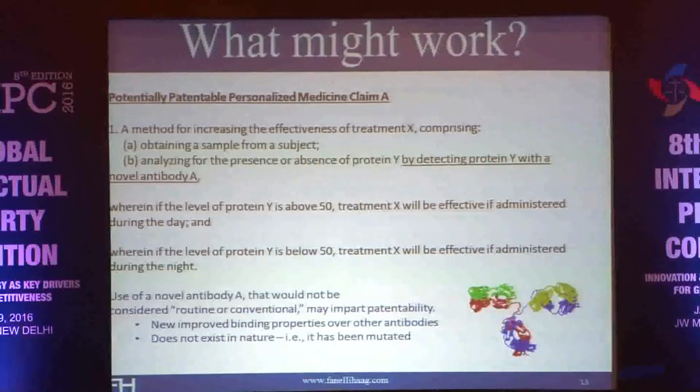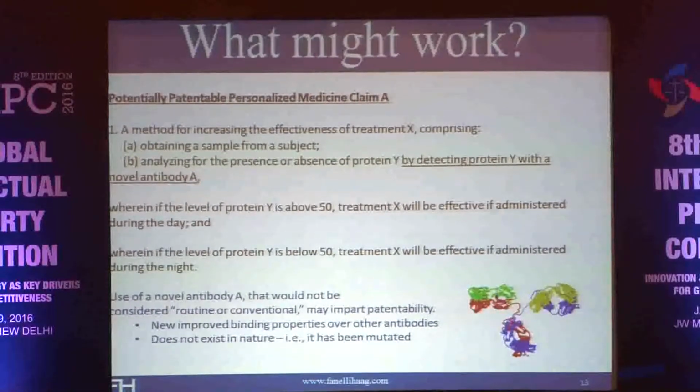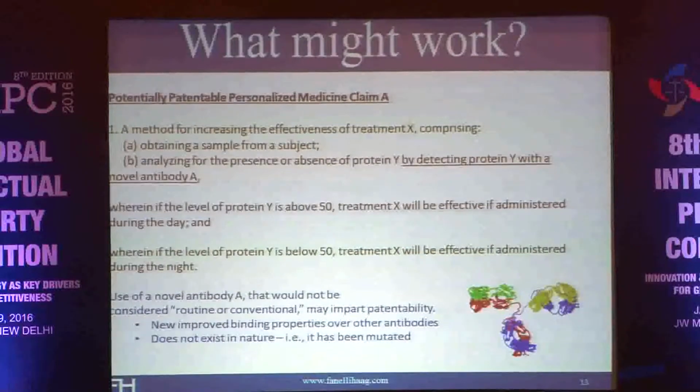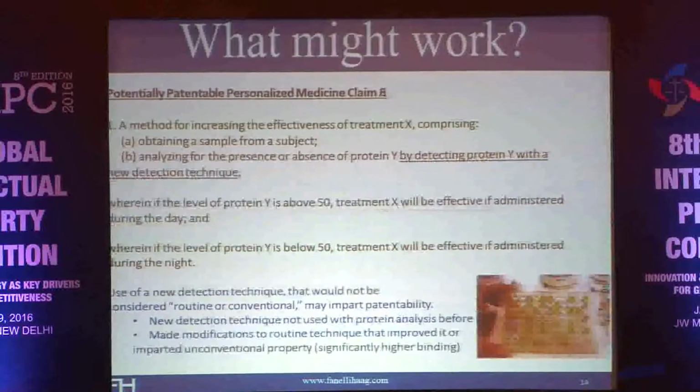The other is, when I'm saying novel antibody, with regard to the reaction with protein Y, if it wasn't known that a certain protein bound to a particular antibody, that again might not be a routine conventional activity, and therefore you may be able to utilize this kind of limitation to get this claim allowed.